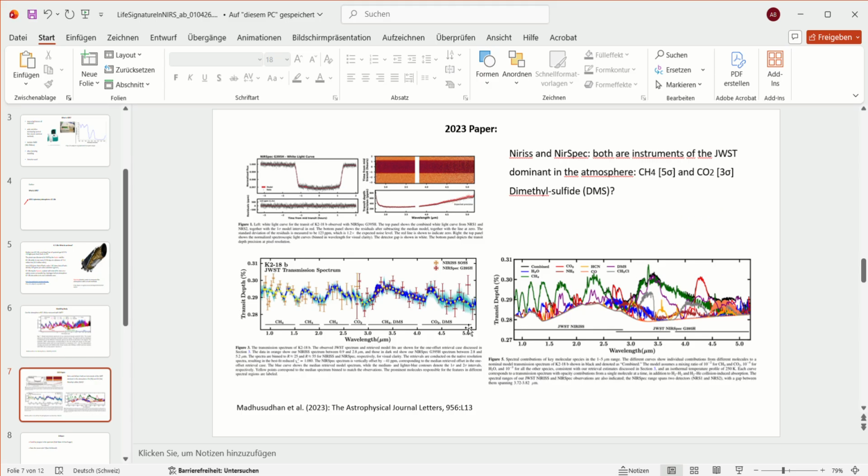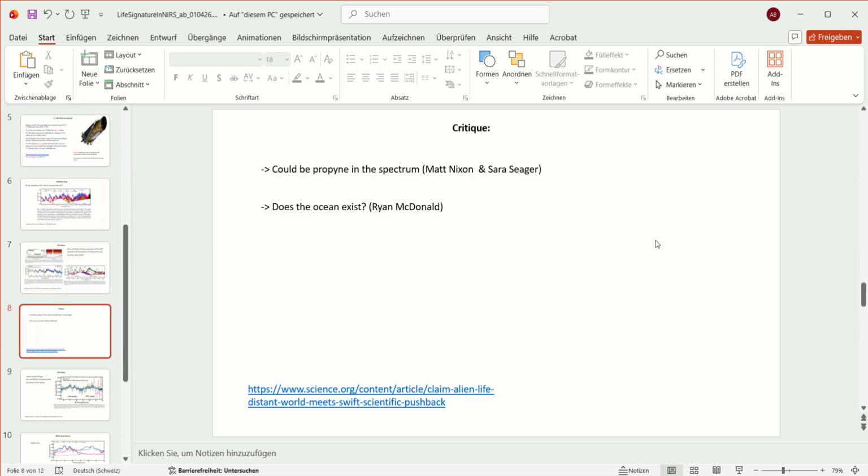But fitting these gases to a spectrum is not a straightforward process. And the authors say they assume there is DMS inside the atmosphere, but critique came and said, listen, the fitting could also be done with propyne in the spectrum, and propyne could be produced in another way than life.